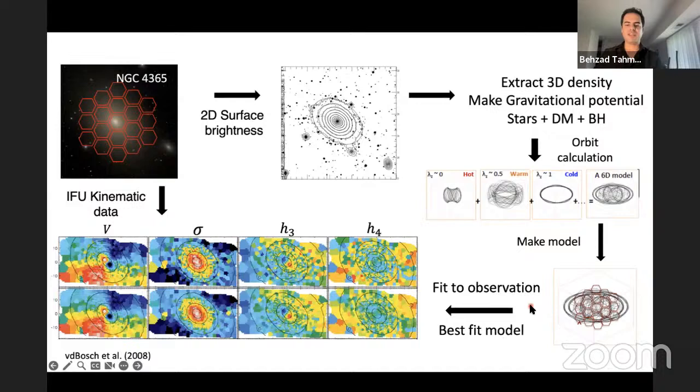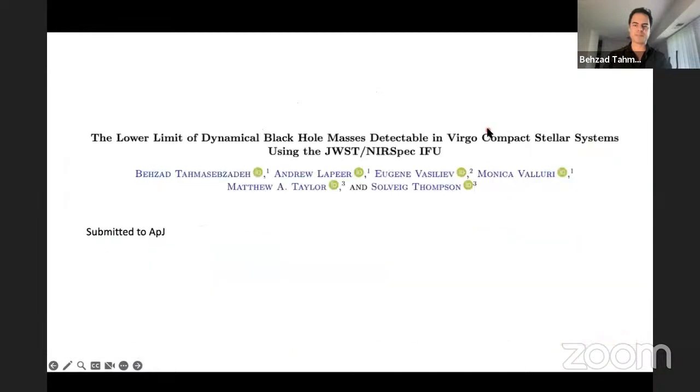Then we need to repeat this process thousands of times to find the best fit to the observation. And after finding the fit to this kinematics, we are able to constrain those parameters: black hole mass, dark matter, and viewing angles in the stellar densities and 3D density.